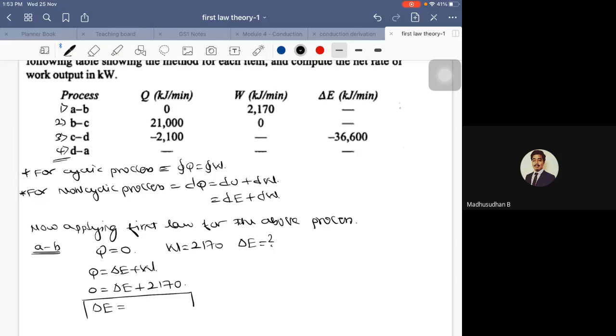What is the value of delta E? Minus 2170. The unit remains the same, so it is kilojoules per minute.